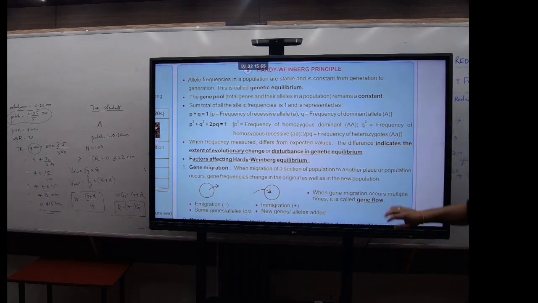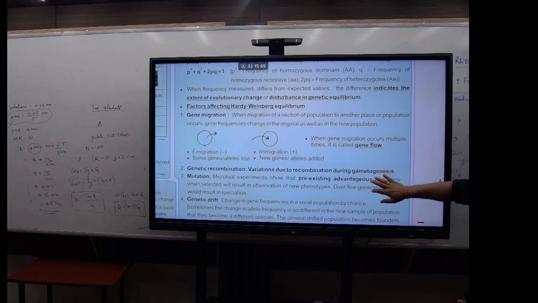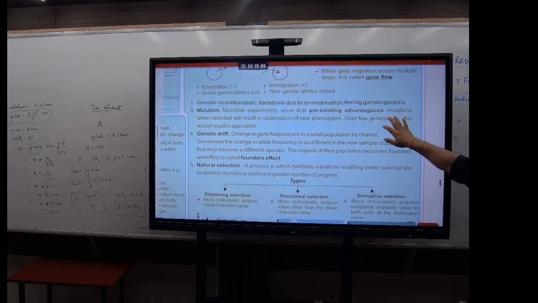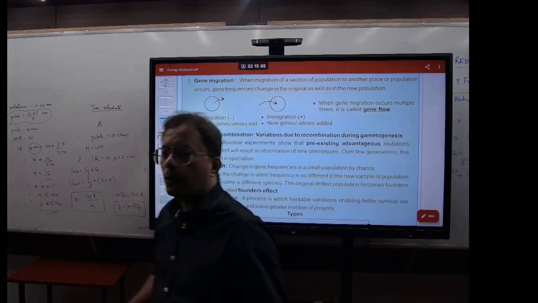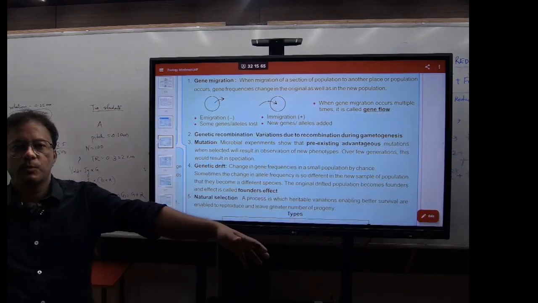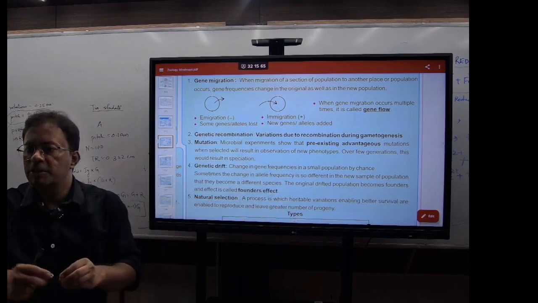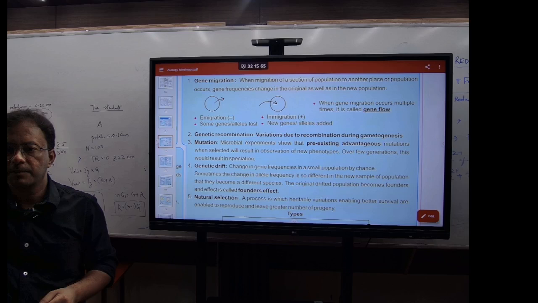And 5 factors influence the Hardy-Weinberg equilibrium. One is gene migration, second one is genetic recombination, mutation, genetic drift, and natural selection. Gene migration means when few individuals move from one section of population to another section of population.